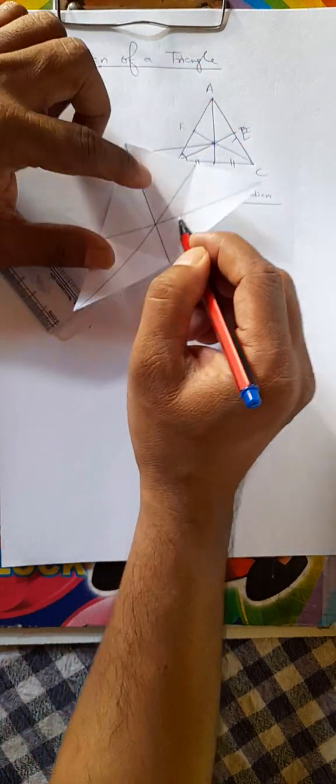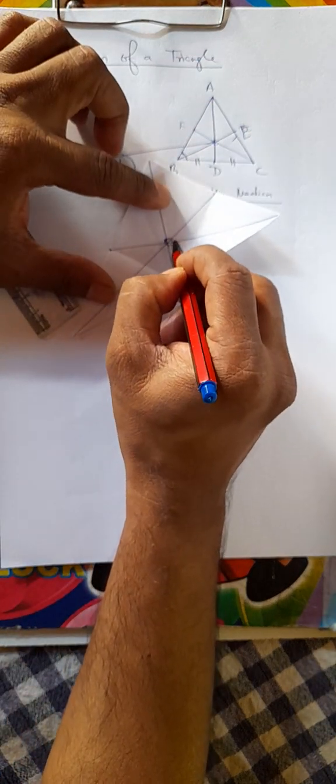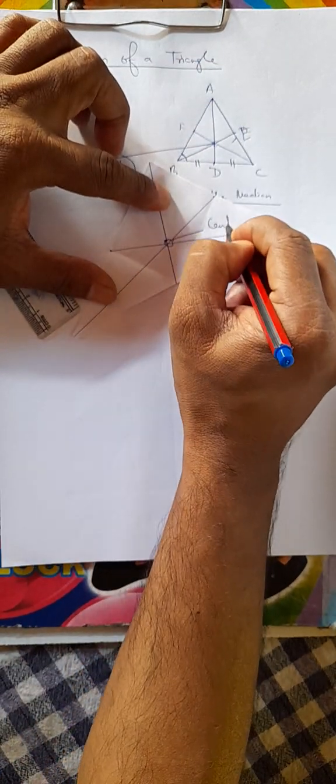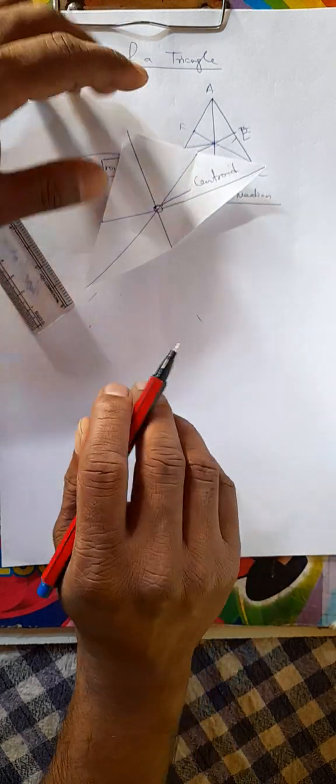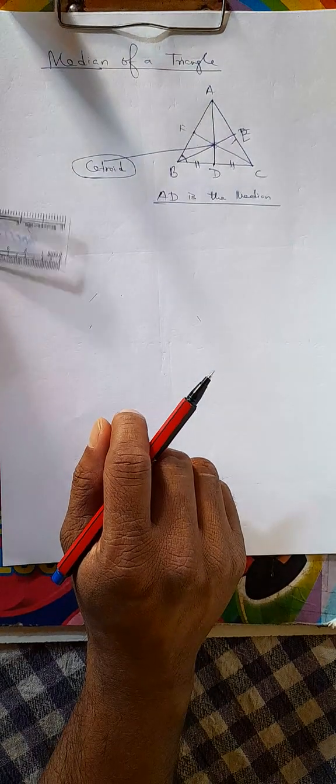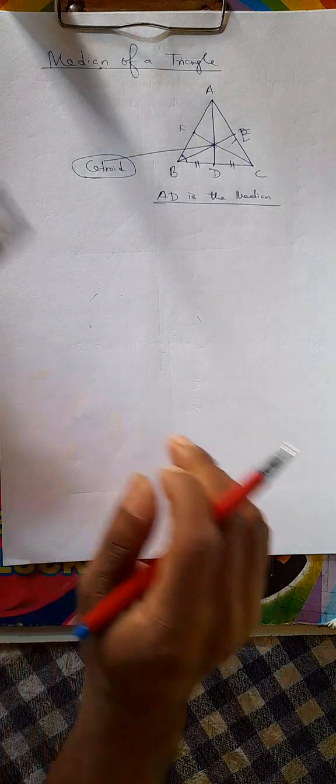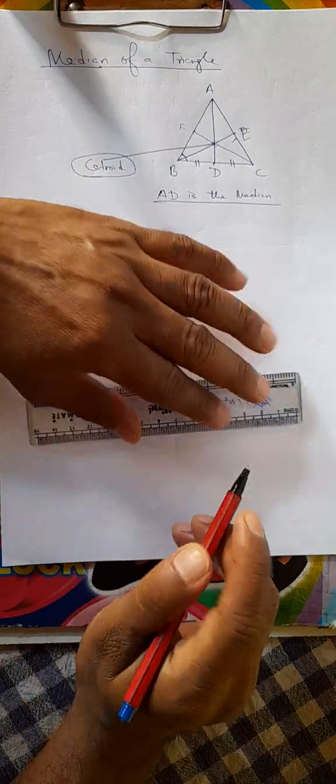So we got the centroid of this triangle. This is the centroid, right? Centroid of this triangle.